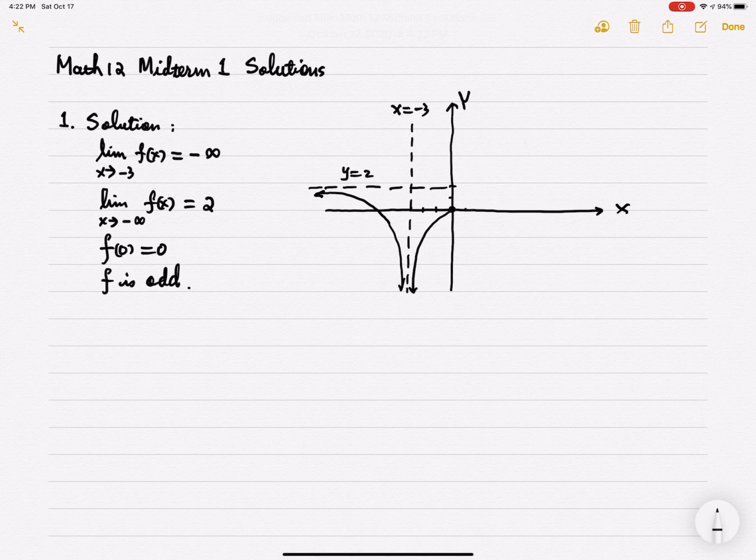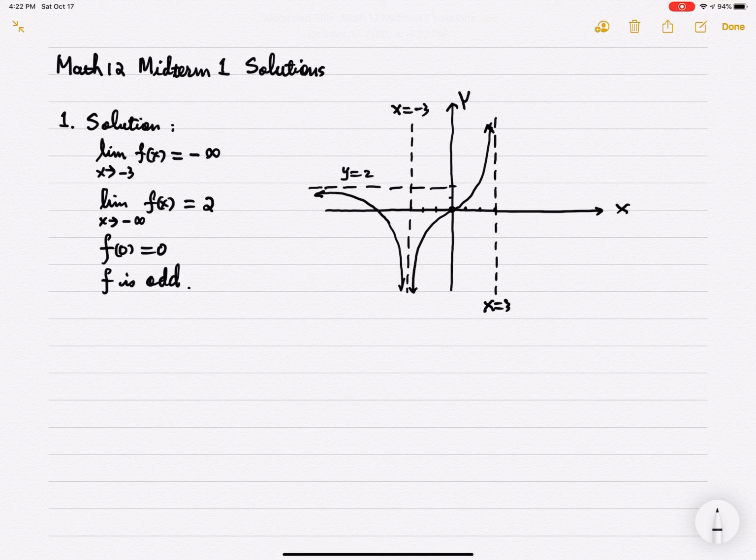So here 1, 2, 3. When x goes to -3, the function goes to -infinity, then when x goes to +3, the function should go to +infinity. So this is symmetric about the origin, right?